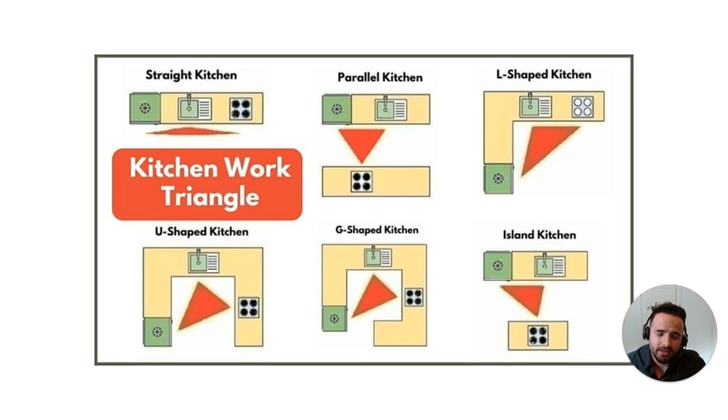Even when designing the space, make sure things like the fridge door open without blocking the flow. A well-planned kitchen should have no disconnect between its stations. Whether it's a G-shaped kitchen or an island layout, the goal is the same. Functionality and flow are key, and the kitchen triangle ensures everything works seamlessly.